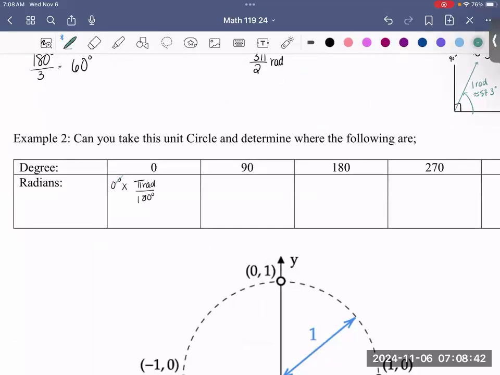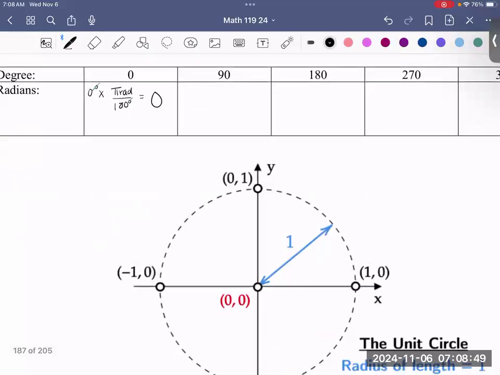My degrees will cancel and I multiply by 0, so now I have 0 radians. Now 0 radians, located on my unit circle, would be right here, 0 radians or 0 degrees. This has the coordinate of 1, 0, an x value of 1 and a y value of 0, relating it to your coordinate plane and your unit circle.